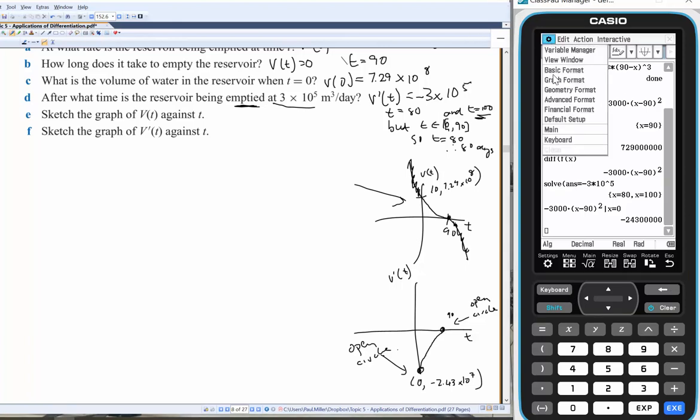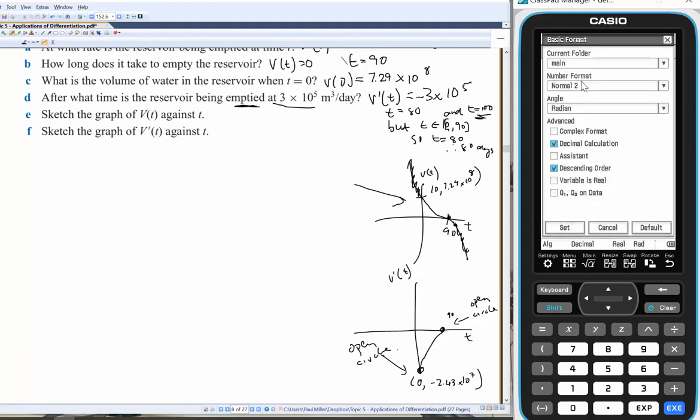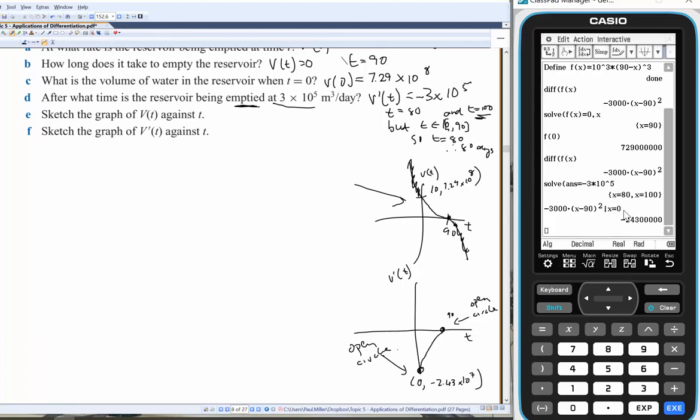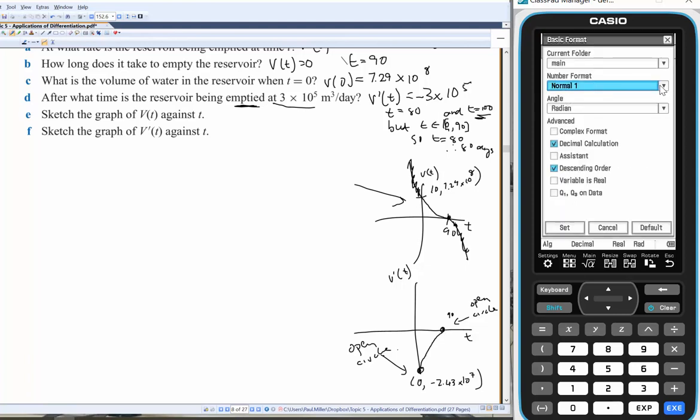Just out of curiosity, I'm not sure what your calcs are put into, but I'm going to go basic format and make sure your calcs are in normal 2. I think if they're in normal 1, and I ask this question, no, it didn't do it for that one. What about this? No, bad example there. But can you guys just check that your basic format or number format is in normal 2?